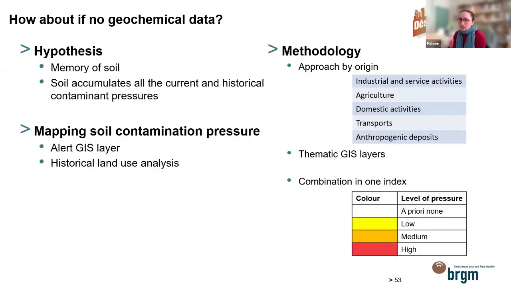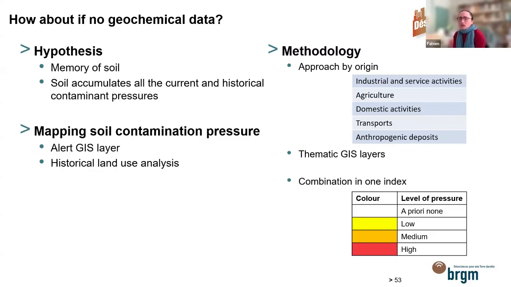And in cities, what can we do if we have no geochemical data? The hypothesis I propose is that soil has a memory, and soil accumulates all the current and historical contamination pressures. And in this frame, the idea is to develop the pressure of soil contamination, to map this pressure, and to provide to the territory managers GIS layers to alert them on soil contamination pressure.